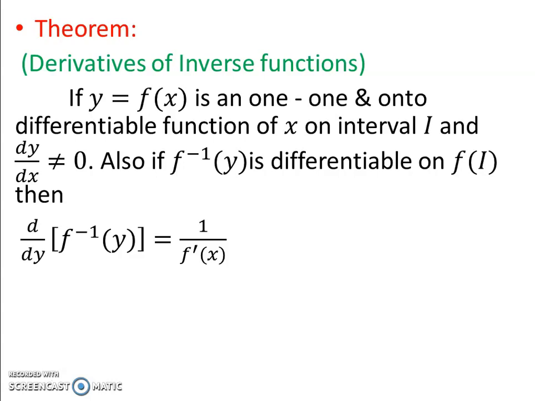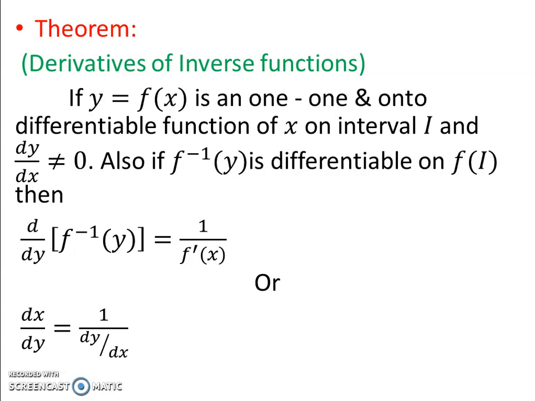Then d by dy of f inverse y equal to 1 upon f dash of x. In other words, dx by dy, because f inverse y is nothing but x, equal to 1 upon dy by dx. This definition is important for us. If y equal to f of x is an invertible function which is differentiable, and the inverse of the function is also differentiable, then dx by dy equal to 1 upon dy by dx.